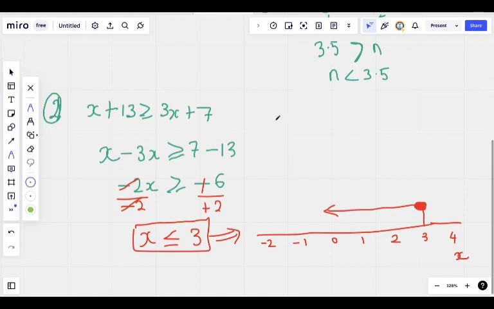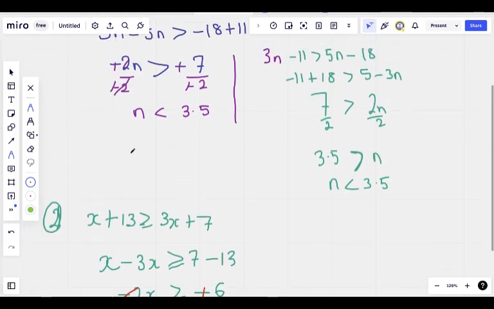And for the first one we did, let's do the same. We say 3.5. Let's say we have -2, -1, 0, 1, 2, 3, 4. Obviously 3.5 is here in the middle between 3 and 4.